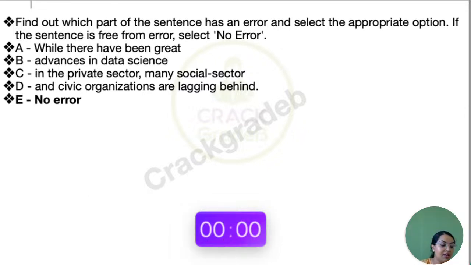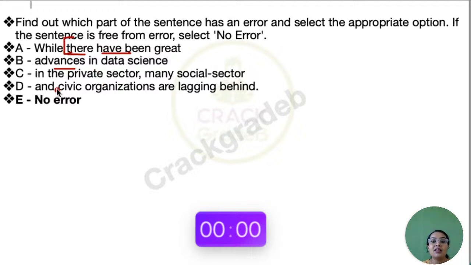Answer coming in E, which is absolutely right. While there have been great advances. See, whenever subject is there, we see what is the object. It is plural, and that's why have is going to come here. Now, while is helping me join two clauses. So, while there have been advances in what?